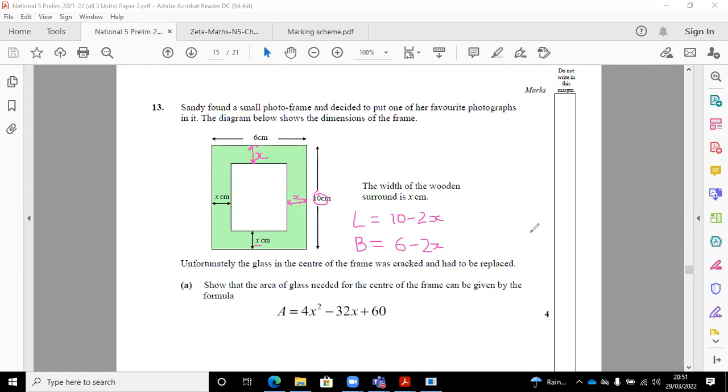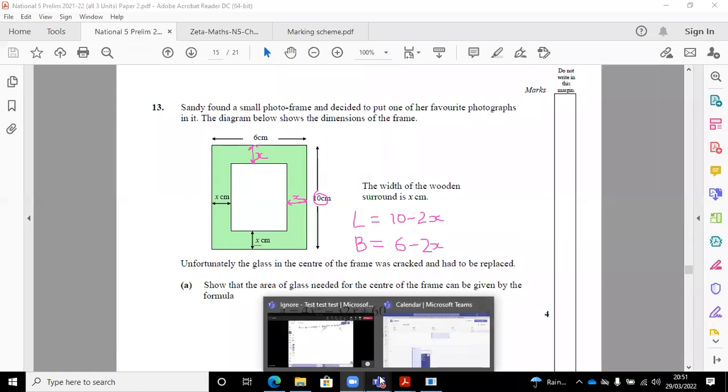So we've got an expression for the length of the white area and an expression for the breadth of the white area. The area is length times the breadth, so we need to multiply 10 minus 2x by the 6 minus 2x. Have I lost anyone?